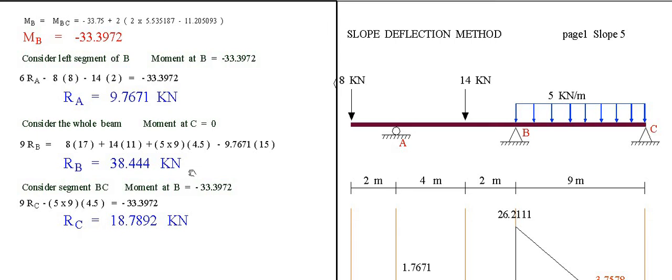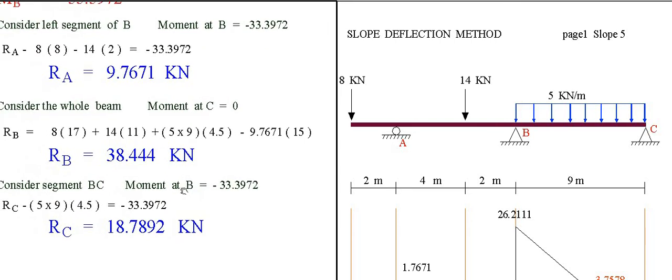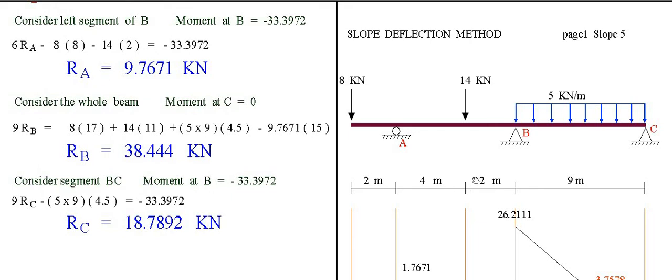Okay, then consider the right segment, cut section right of B, or the BC, to solve for RC. Just consider that on the right.